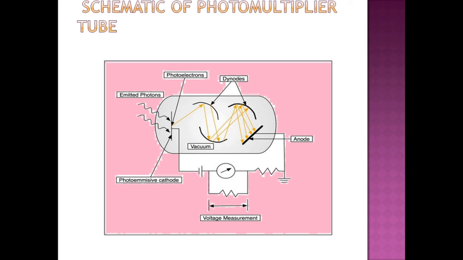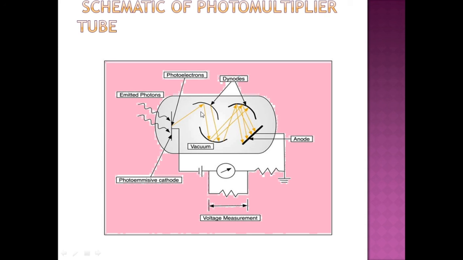Now these secondary electrons emitted by a diode are attracted toward the second diode. The second diode will also emit more electrons, which are attracted toward the third diode.